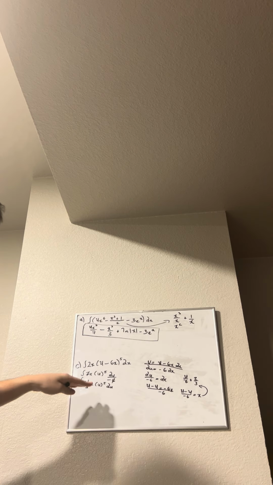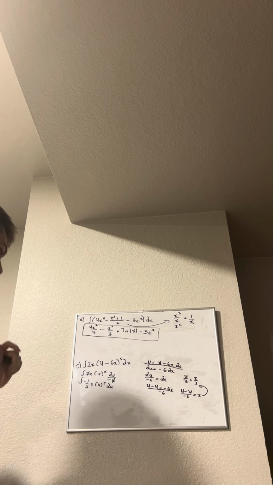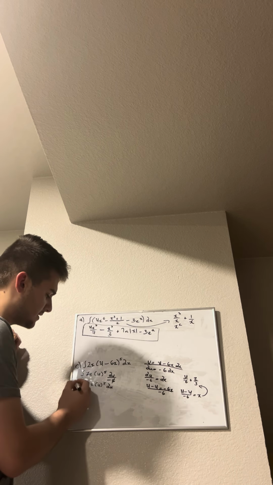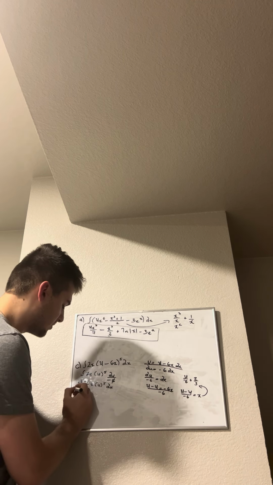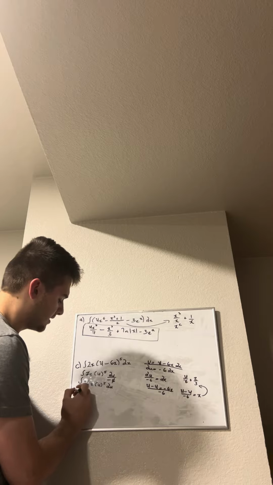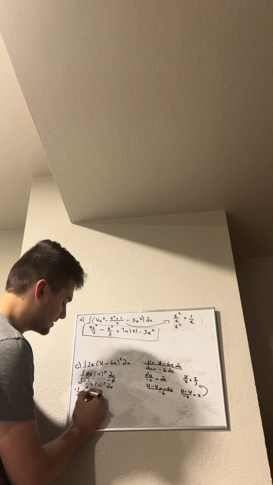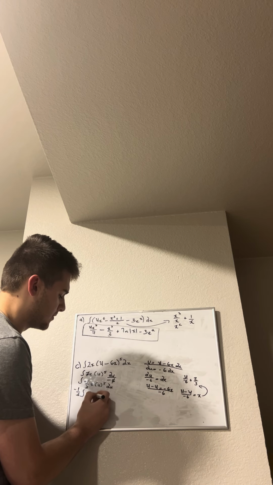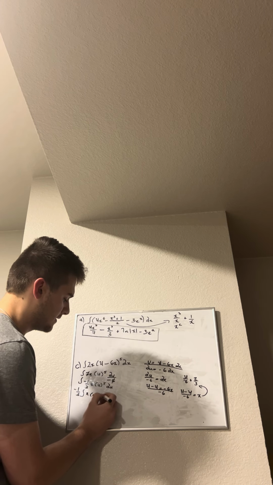This is what we have right now in terms of the antiderivative, but since negative 1/3 is a constant, we can just write it outside of the integral. So we'll do negative 1/3 times the integral of x u to the 5th du.